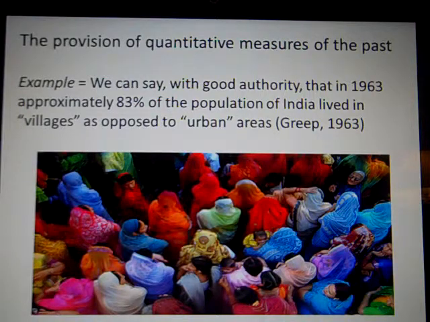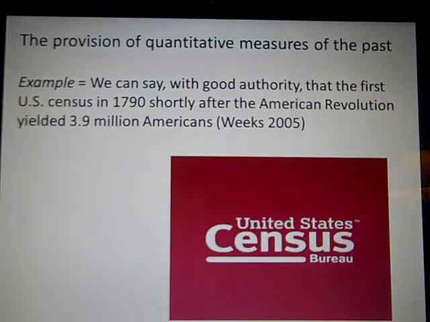You compare that number to the United States in 1963, where this was essentially flipped around. About 80% of people lived in cities or urban areas, while the rest lived in rural areas. So why is that? Why is it that some countries, some continents, have higher farming populations or rural populations, and other places like the United States have higher urban populations? So we start to understand why that's important.